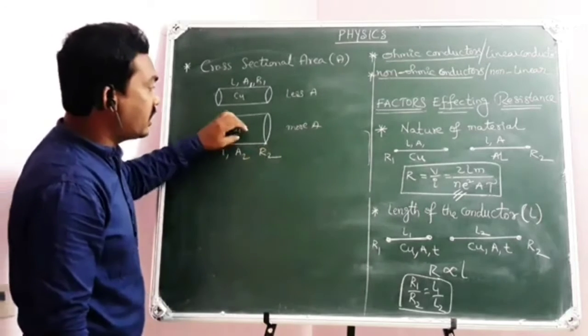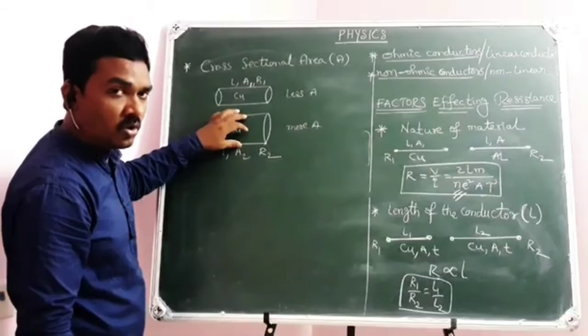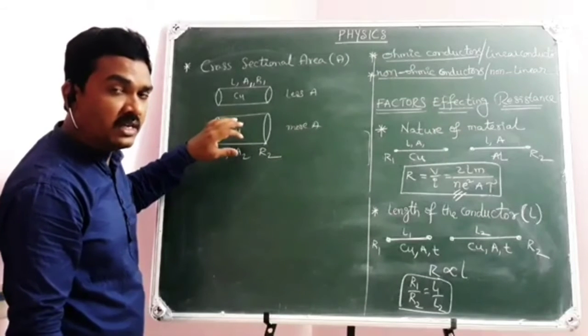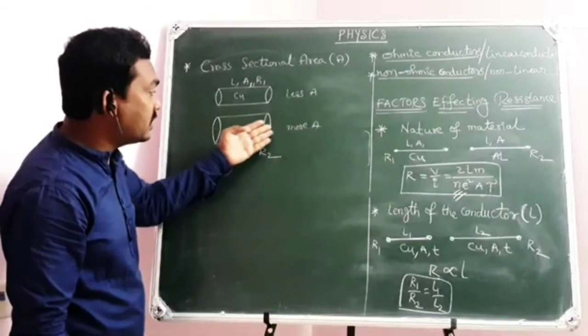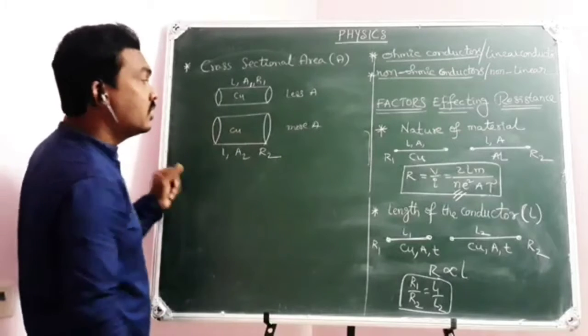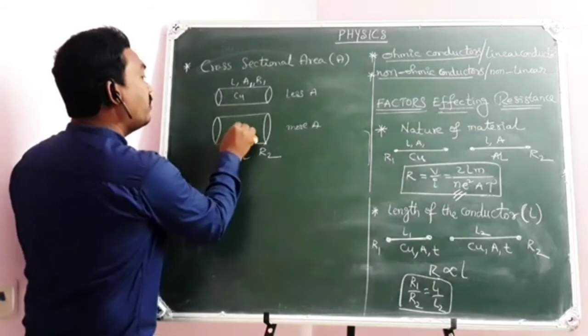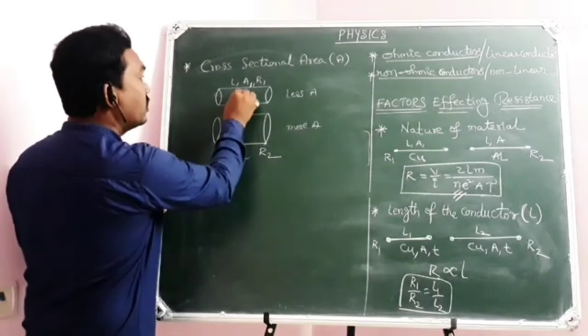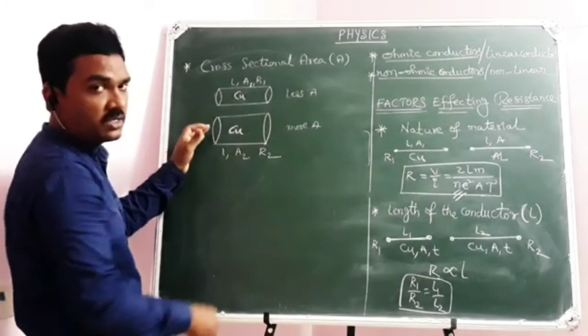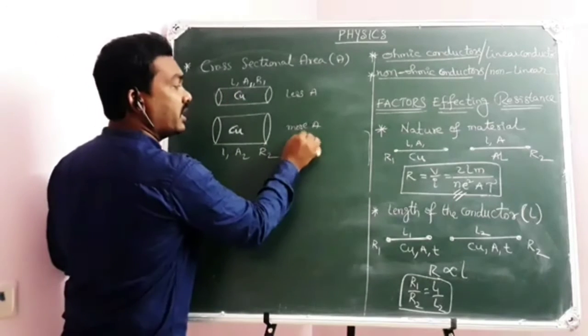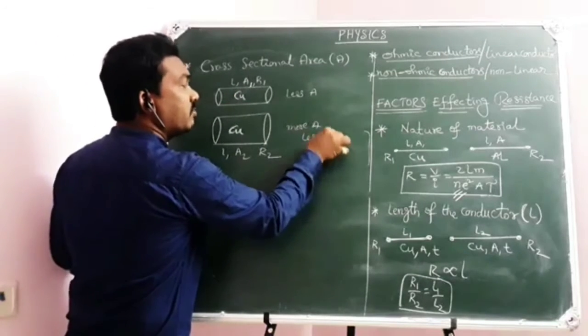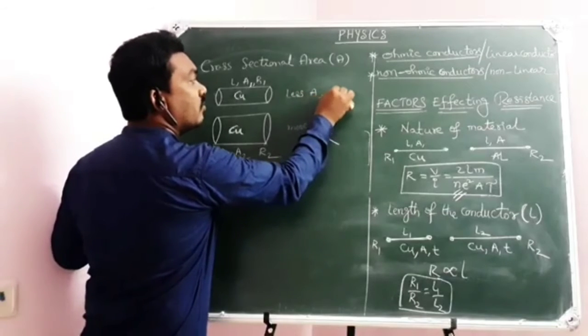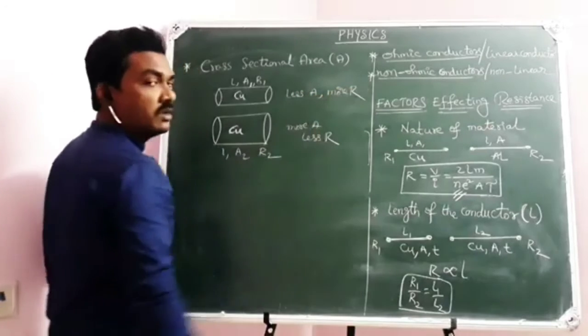Because the reason is, when the cross-sectional area is more, then electrons find some comfort while passing through the cross-section of the conductor. So that the number of collisions can be reduced, so that the resistance will be less. So more the cross-sectional area, less the resistance, but less the cross-sectional area, more the resistance.